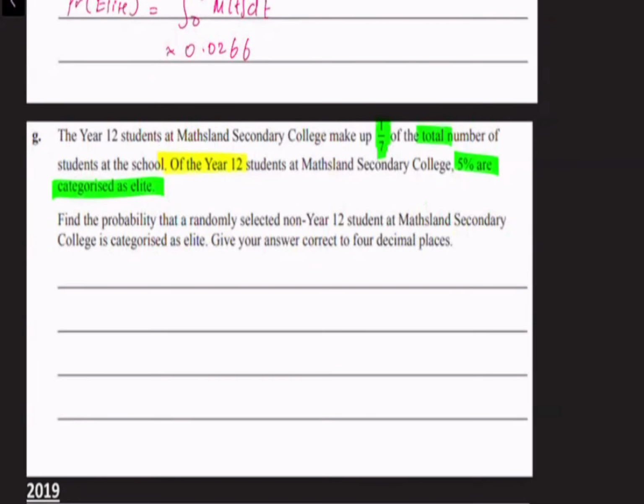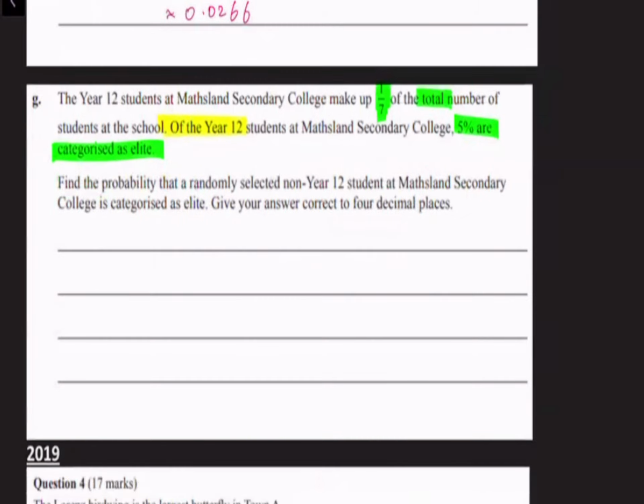So now we have moved on to binomial. We have two things here. You're either a year 12 student or you're not, and you're either elite or not. To help me understand, I drew a tree diagram. The first thing is whether you're year 12 or not, and the second thing is whether you're elite or not.